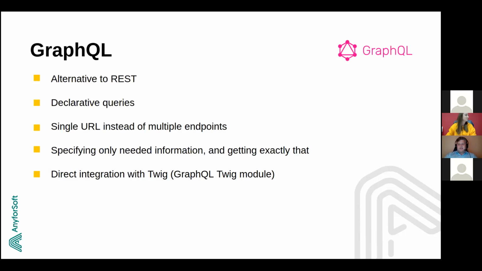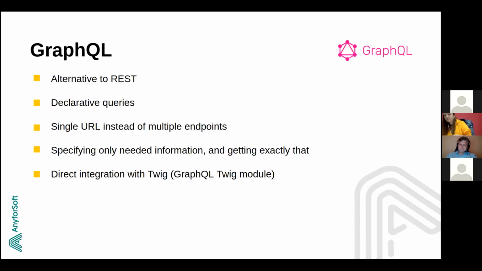And the interesting thing is that GraphQL does not use a lot of different endpoints, but it could use a single or multiple URLs, and all necessary information could be queried using this simple endpoint. One more thing related to GraphQL is that we can specify only the needed information, and we get exactly that, in comparison to the JSON API.